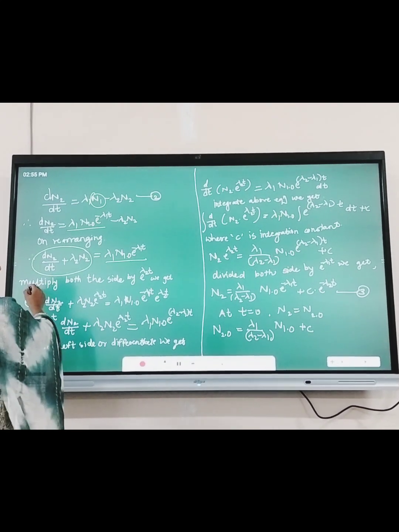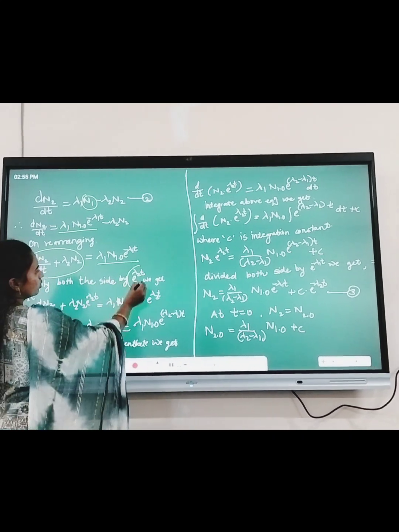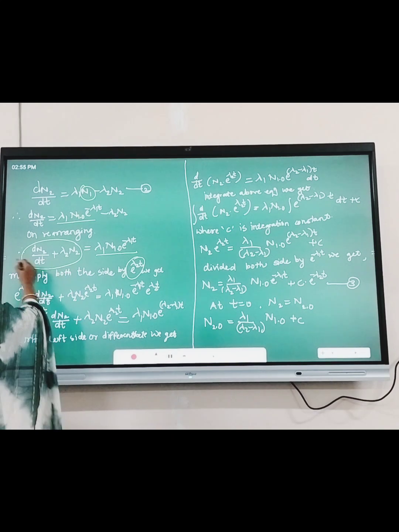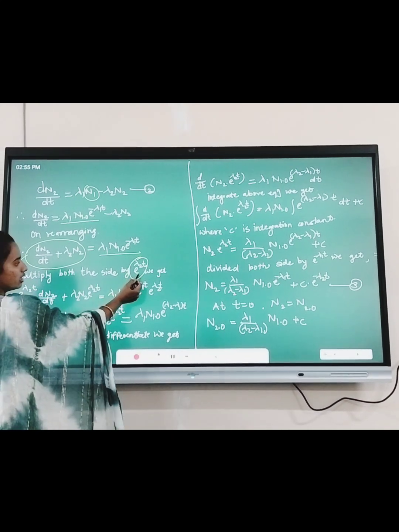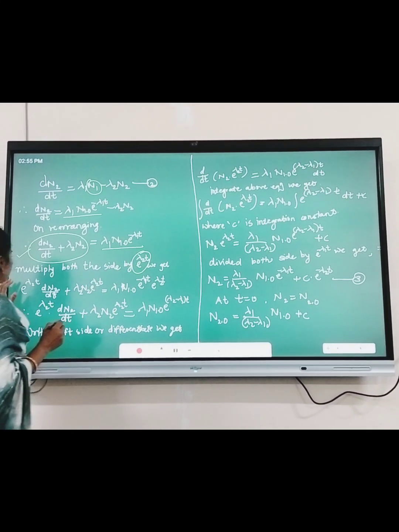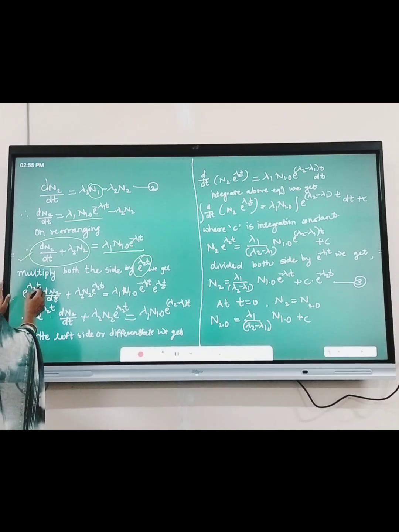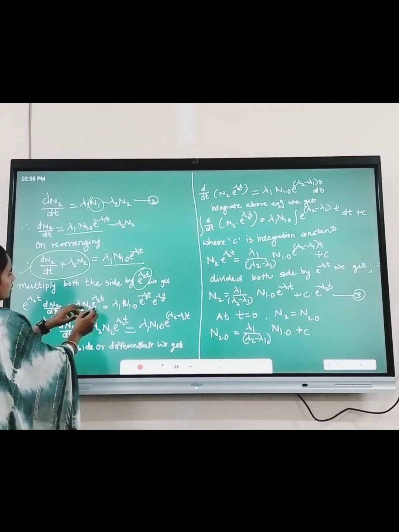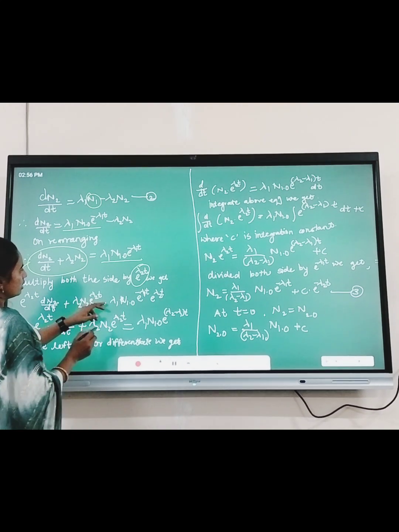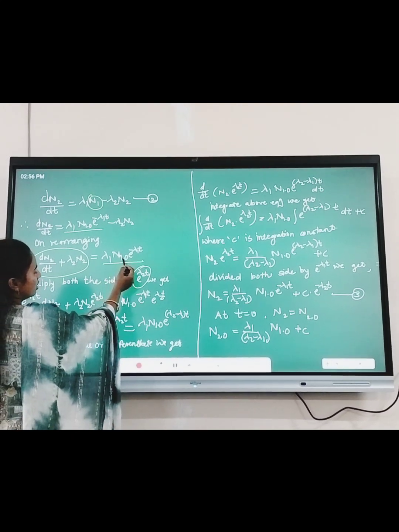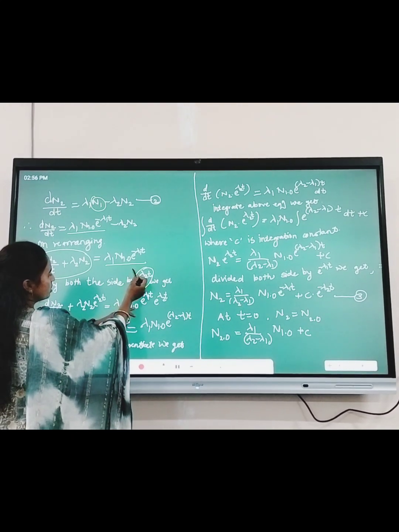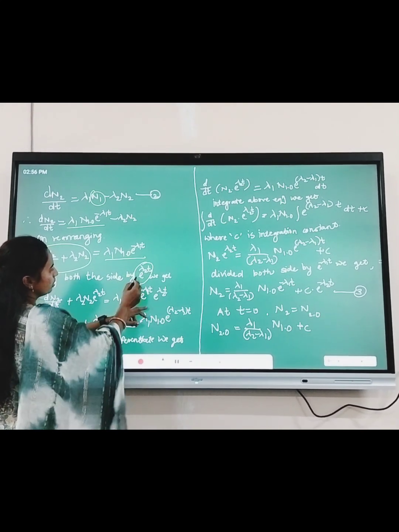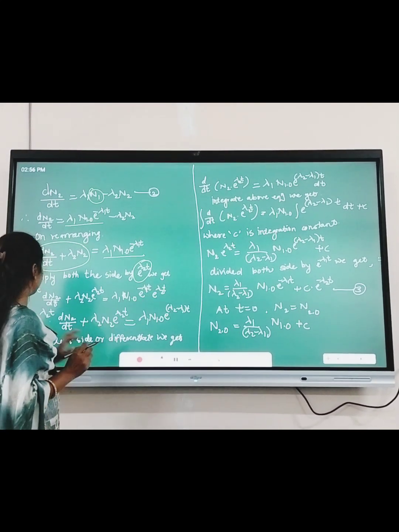Then multiply both sides by e raised to lambda 2 t. We get the equation. This equation we multiply by e raised to lambda 2 t. So we have e raised to lambda 2 t into dN2 divided by dt plus lambda 2 N2 e raised to lambda 2 t is equal to lambda 1 into N 1.0 into e raised to minus lambda 1 t into e raised to lambda 2 t.